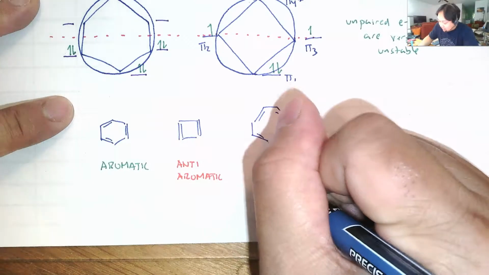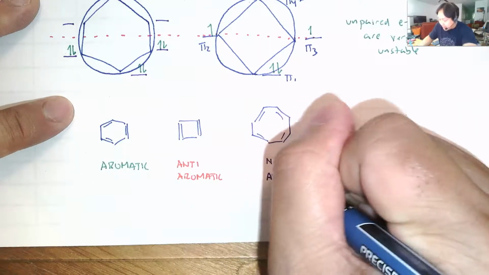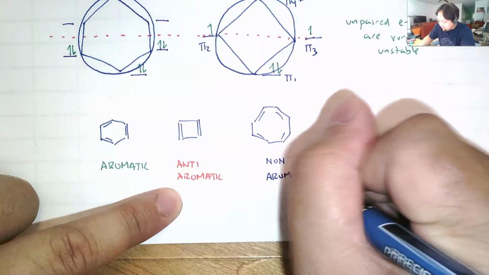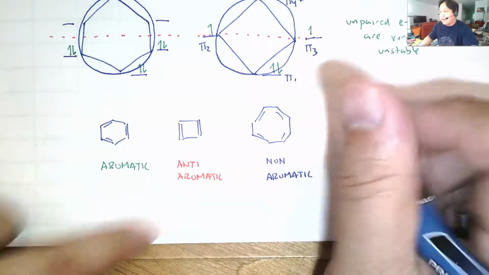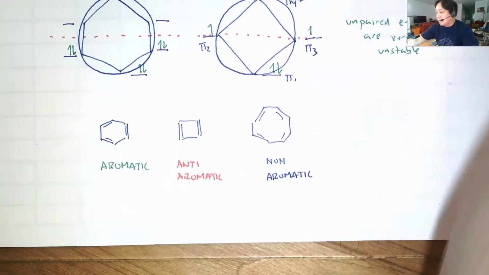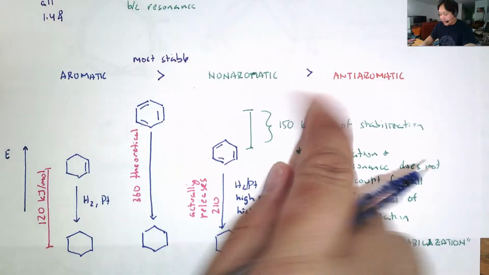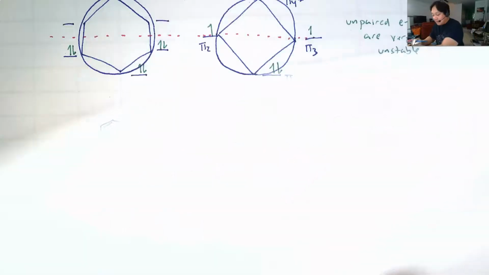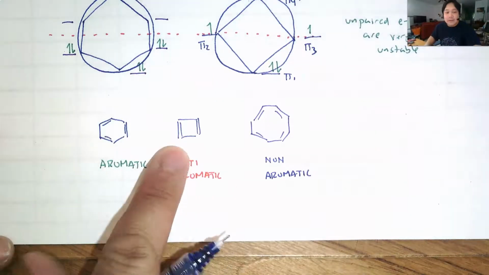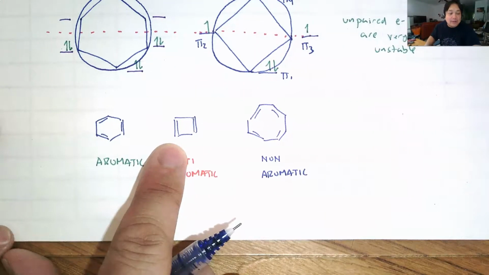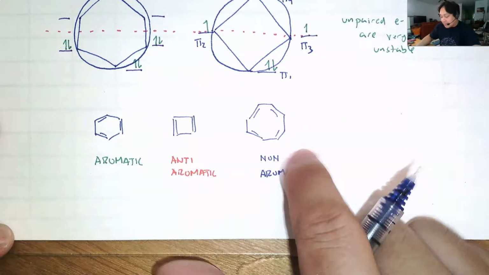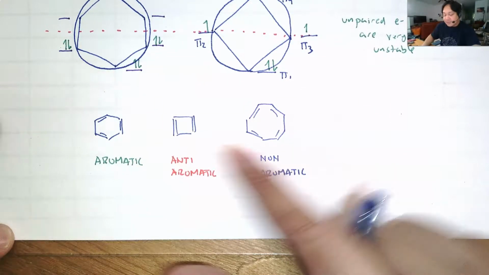Because if it stayed flat, it would actually be anti-aromatic. And in this video, we showed this stability trend. Last thing, cyclobutadiene cannot do the trick that cyclooctatetraene can do because it is too small.